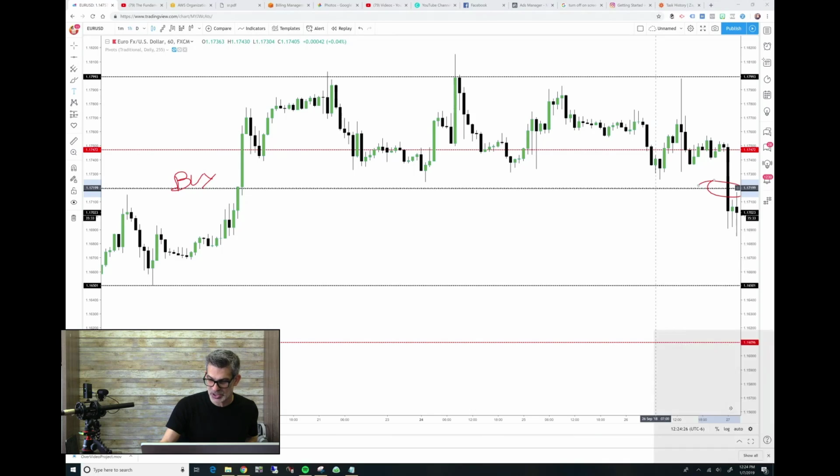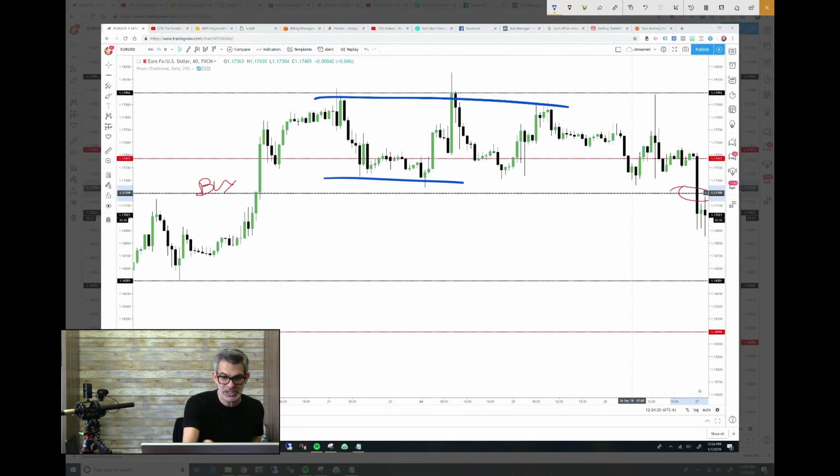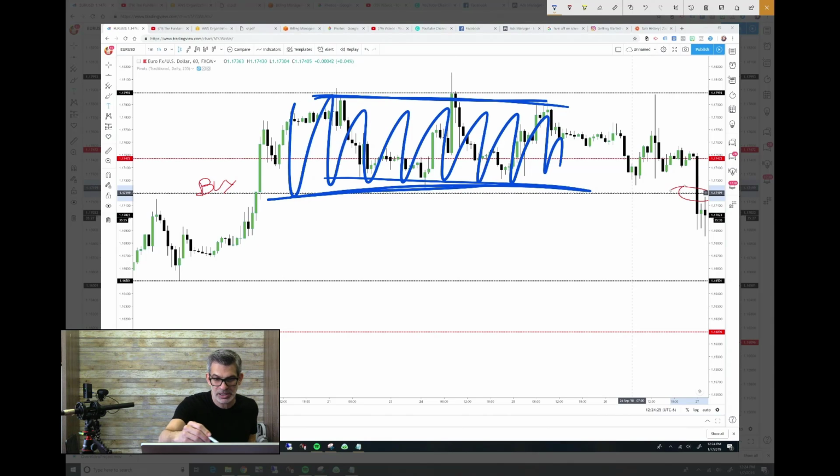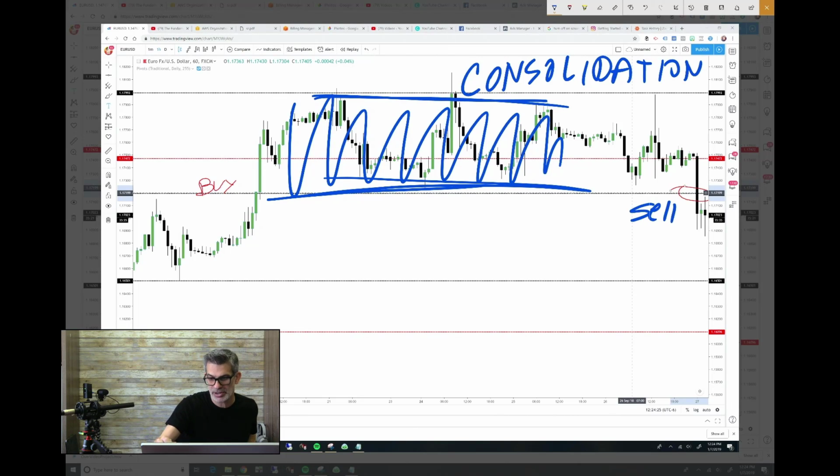And the reason I suspect that a trend is emerging is when you see price traveling in between a support and resistance level in what we call a consolidation period, and we then get a breakout beyond it, I think that leads to a trend. And I think you can actually expect that price is going to move in levels equal to the original consolidation zone.